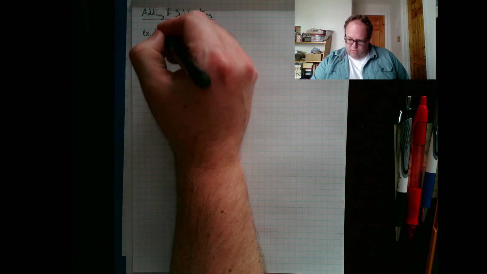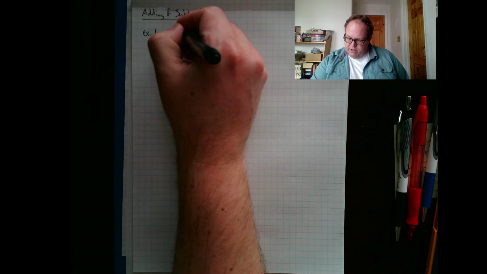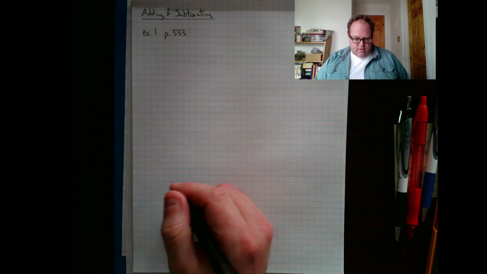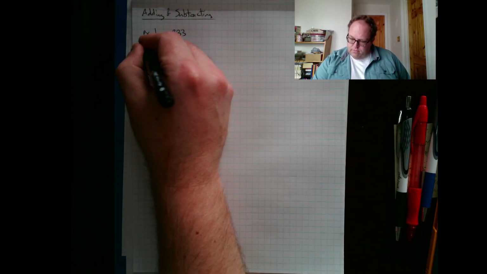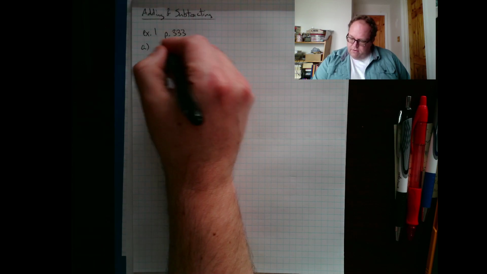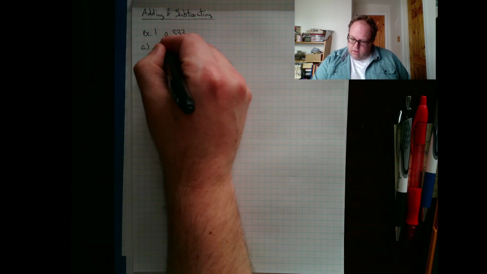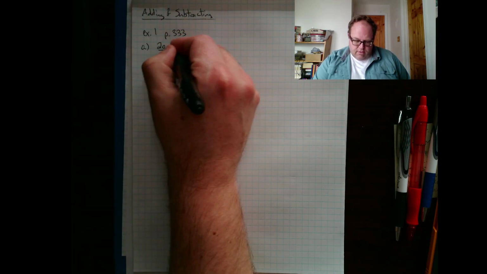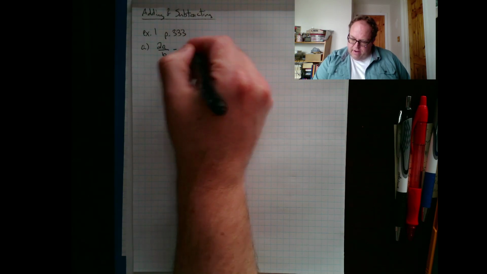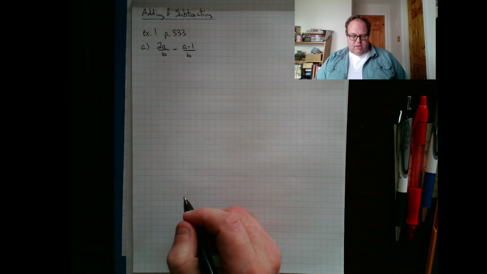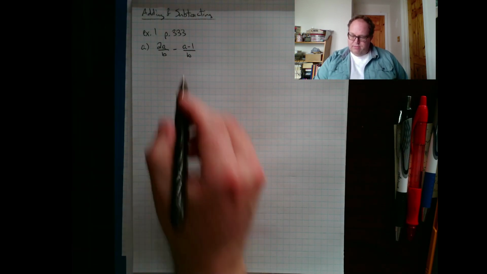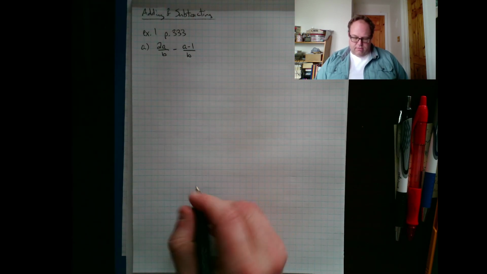If I look at example 1, on page 333, we're asked to work out the sums and differences given. So my first one is 2a over b minus a minus 1 over b. These both have the same denominator, so I can simply subtract across the numerator.